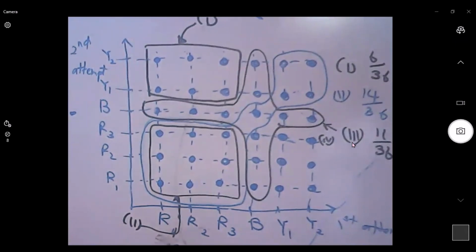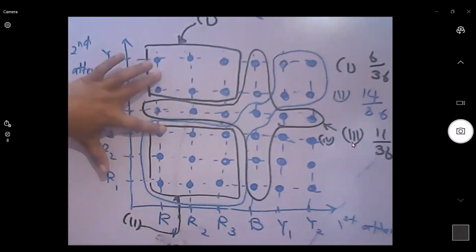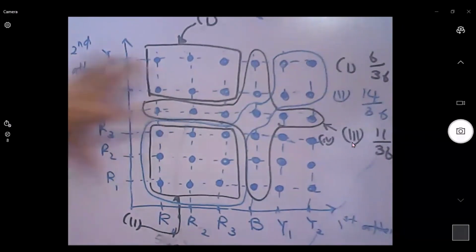Then what are the events? Look at where there is no intersection. 1 and 2, the answers for the first question and the second one. These two are mutually exclusive events. We can see there is no intersection. These two are mutually exclusive.